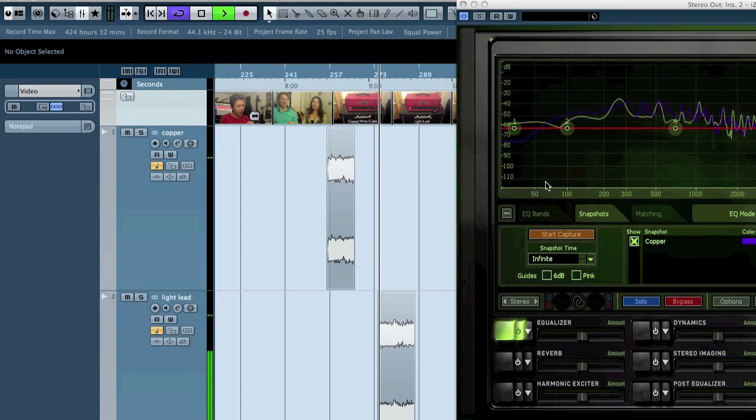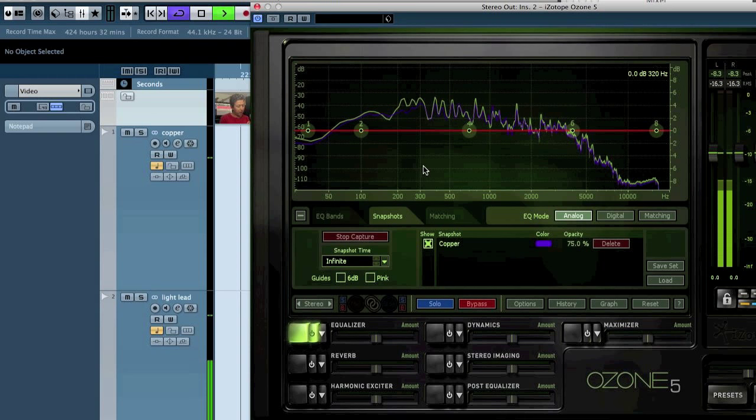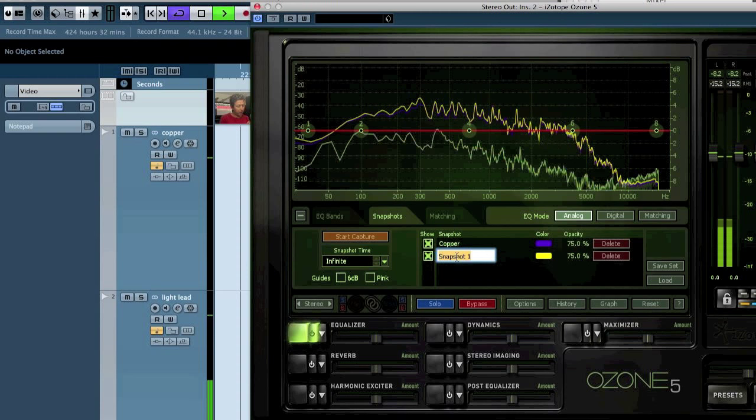Then let's check. Alright, that is the light lead.